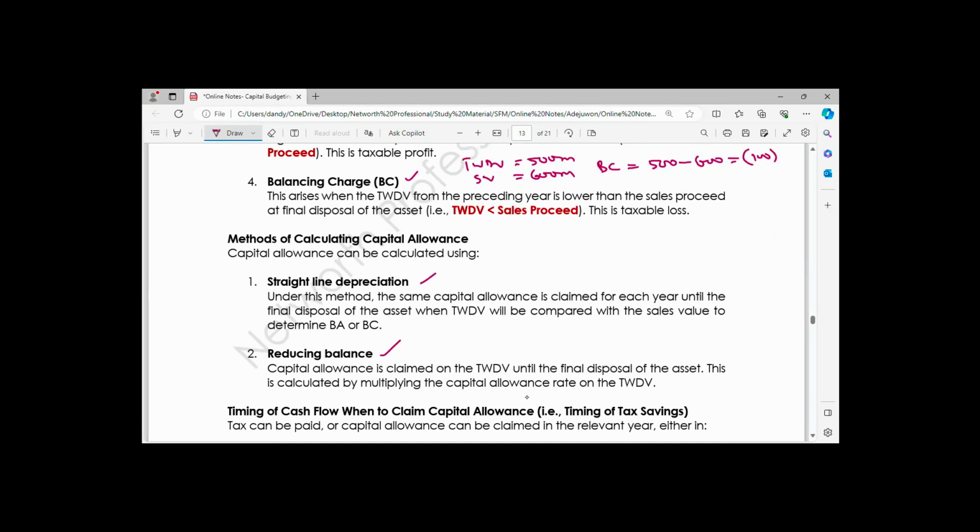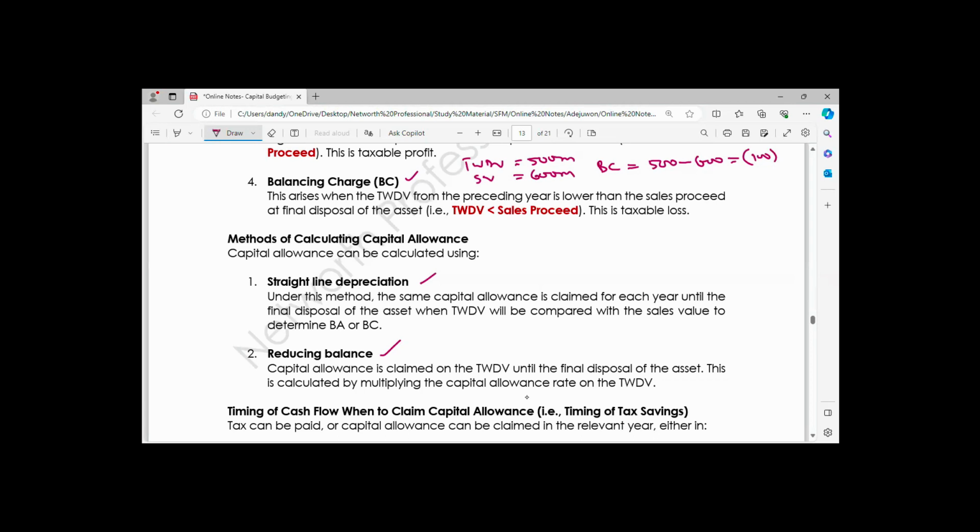Now, when it comes to straight line depreciation basis, your capital allowance for all the relevant years will be the same until the final disposal of the assets, when you are going to consider the difference between the tax written down value and the sales proceed.